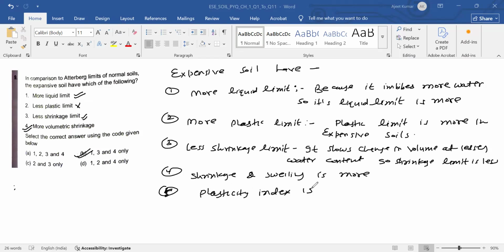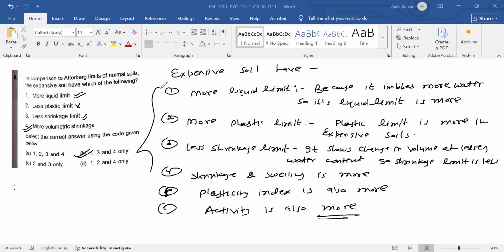And the sixth one is activity is also more. So option number B will be the correct answer. This is question number 9.